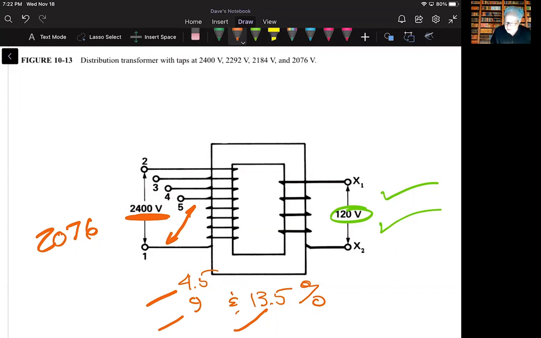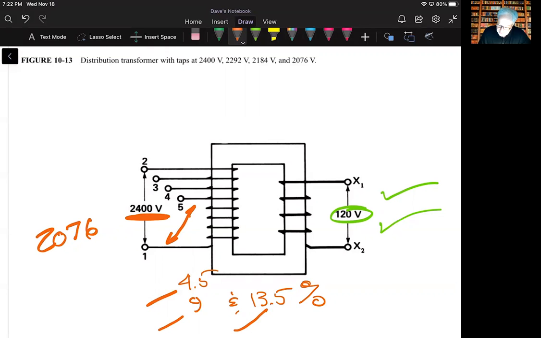Because if I take 2400 and multiply that by 0.135, I get 324, and 2400 minus 324 gives me 2076 volts.